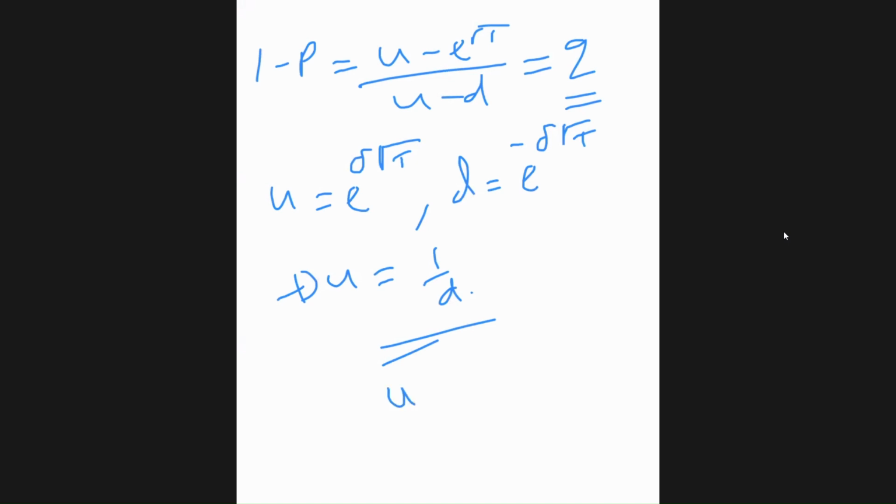We can say that U is greater than exponential RT, which is greater than D. So U is the greatest.